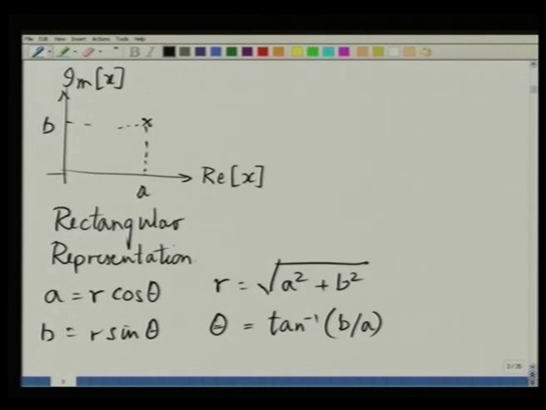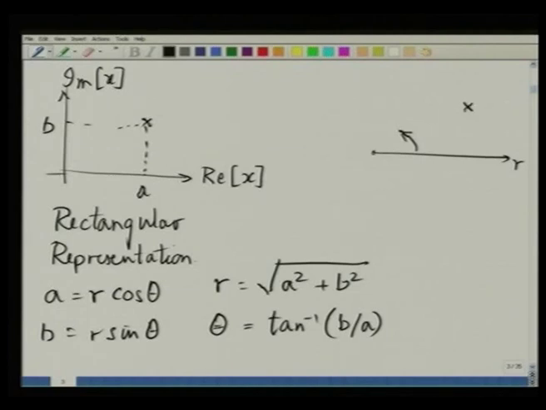Now, using r and theta, we could represent points on the plane, but now the coordinate frame would look a little different. I would just draw a horizontal line like this. This is the r direction, and the theta direction would be an arc in this form. Any point, let us say the same point A B plotted alongside, would now lie somewhere over here.